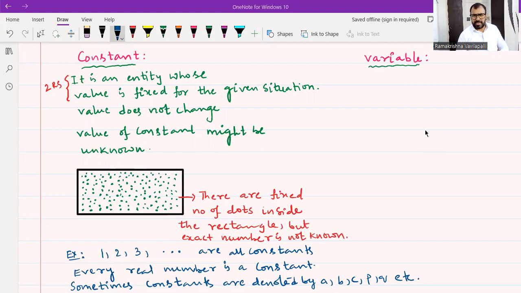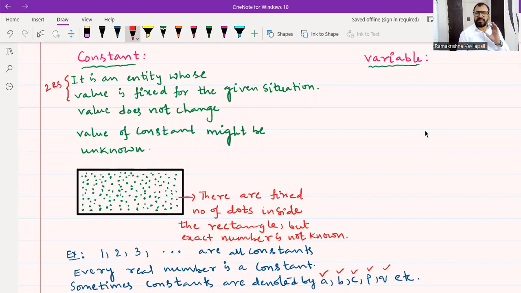You can take any letter, A, B, C, P, Q, etc. But before we use these letters, you must specify that A is a constant. So A is a constant, which means that the value of A is fixed, but the value is not known in advance. But the value always remains the same.